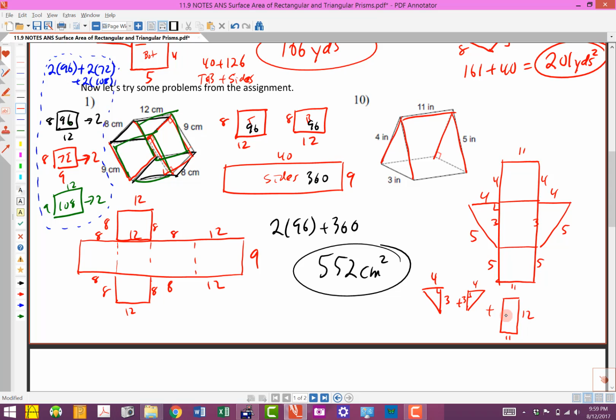So we're going to get 132, yep, 132, and then we've got 1/2 of the base times the height, which is 3, but then we've got 2 of those, so those cancel, so this is going to end up being 12 here plus 132, so 132 plus 12, and we end up with 144, and these would be square inches.